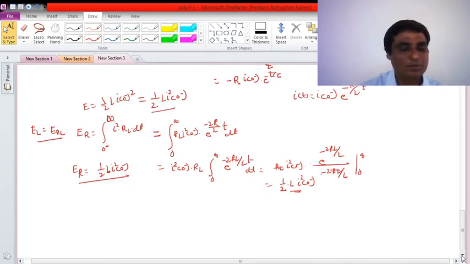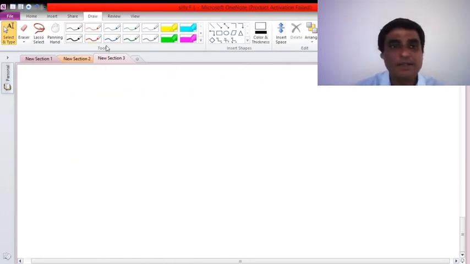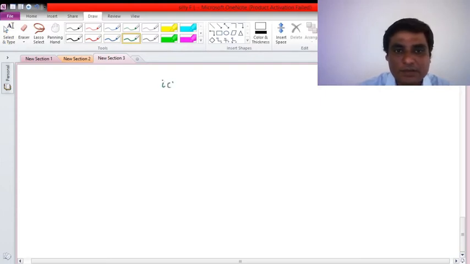Now, next what we'll do, we will think another way. Let us see this equation we have: I of t is equal to 1 by L, integral from 0 negative to t of v of tau d tau, right? Means what?